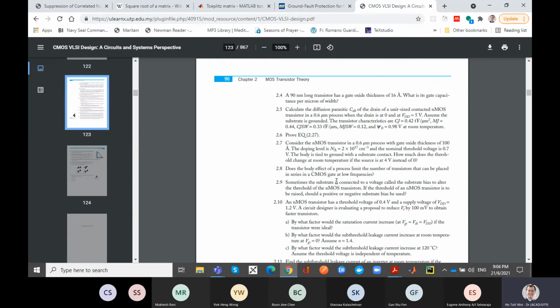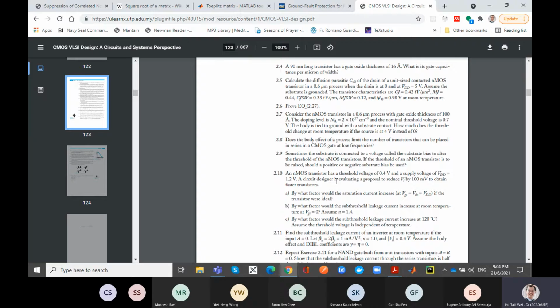Okay, so we go to question 2.1 volts. So I'll just read the question, Eugene. An NMOS transistor has a threshold voltage of 0.4, so VTH, and a supply voltage of VDD 1.2. So what the circuit designer is trying to do is replace this transistor with one that has a VTH of 0.1 volts, okay?